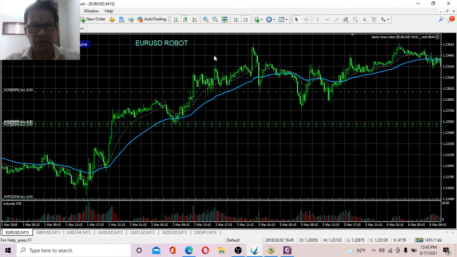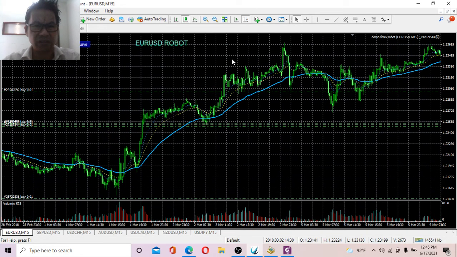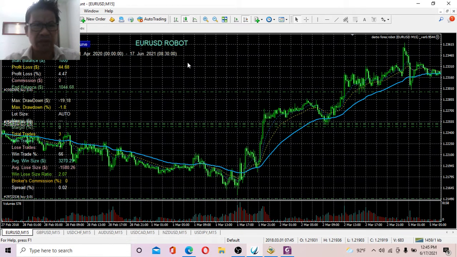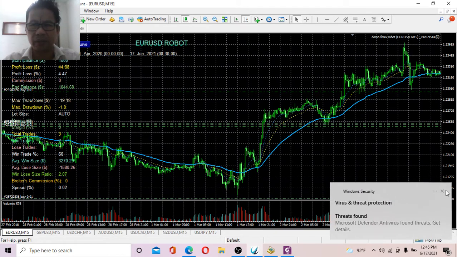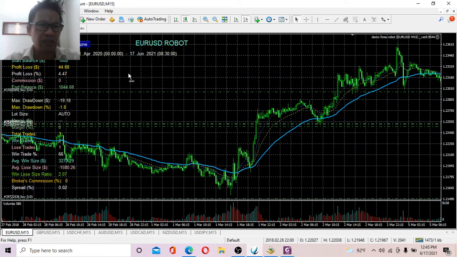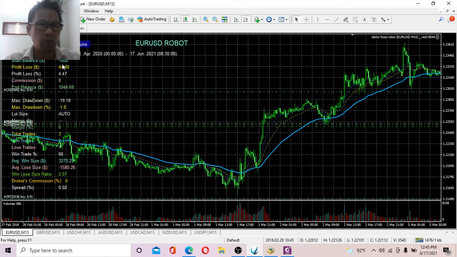Please wait a moment till the backtest finishes. Guys, still running. Alright, so it takes a while. Now, basically we are about 2 weeks into June 2021 this year, and so up to now the profit return is actually under 5%.